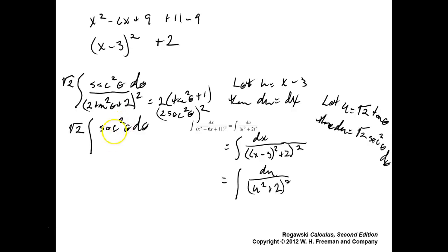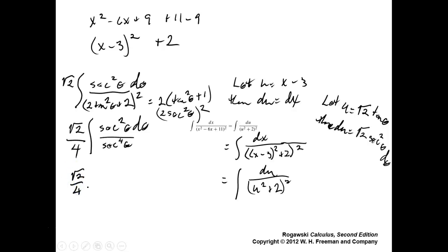I'm sorry, the 2 squared is going to be 4, so the 4 is going to come out here, okay? And that's going to leave you secant squared squared, which is secant to the 4th theta in your denominator, okay? Which, by the way, you can leave as square root of 2 over 4 if you want to.